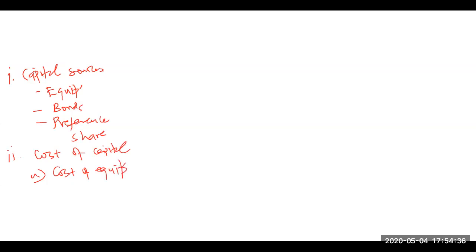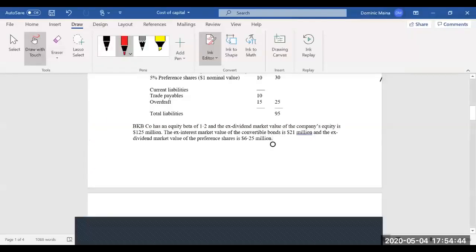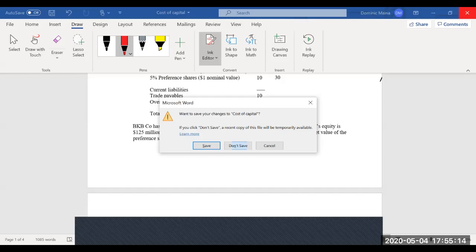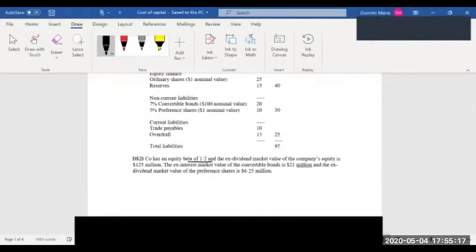As per the information given in this particular question, you'll be told that this company has an equity beta of 1.2.